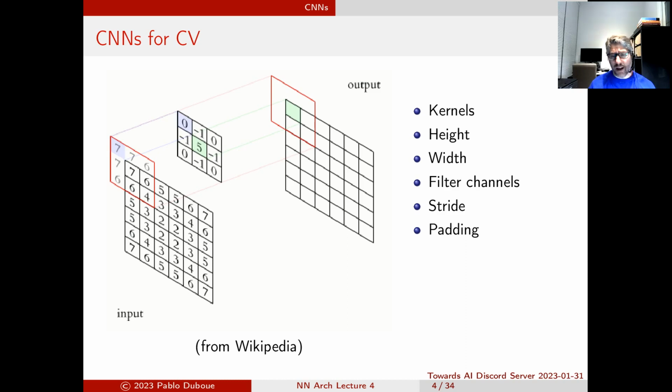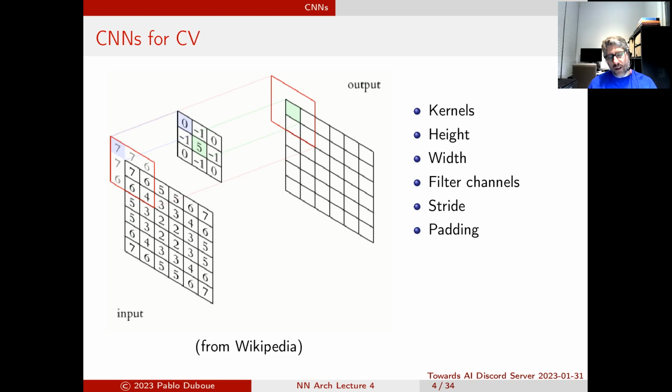A kernel has a height and a width, and then the kernel is applied, in this case, to the corner, to that first 7 in the input image. The center of the place where the kernel is being applied corresponds to the center of the kernel, the 5. And the numbers, in this case a linear kernel, are just multiplied and summed up.